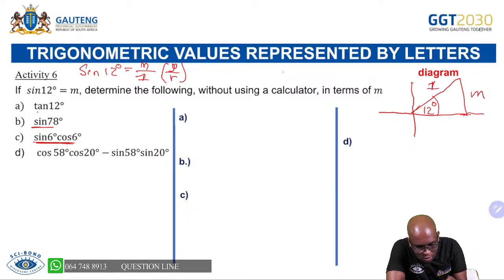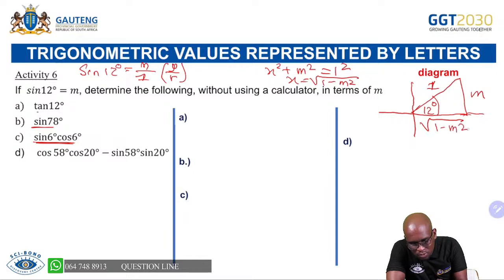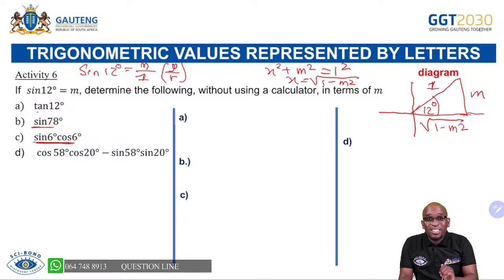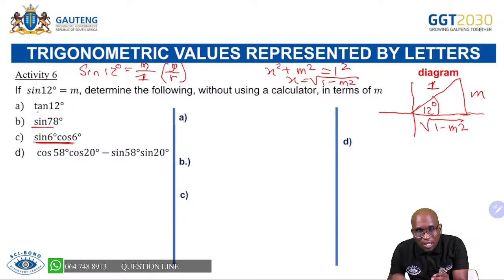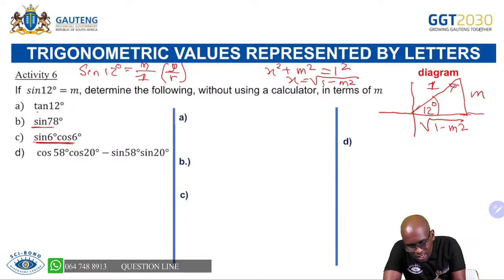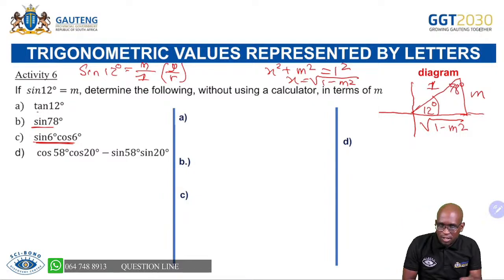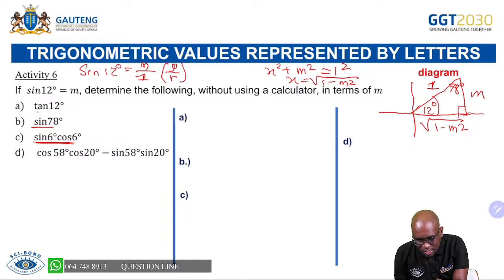If we use Pythagoras here, we would have x squared plus y squared equals r squared, which means that x would be the square root of 1 minus m squared. And then to get the third angle, we would say 90 minus 12. We get that the angle here is 78 degrees. And the angle here is 90.